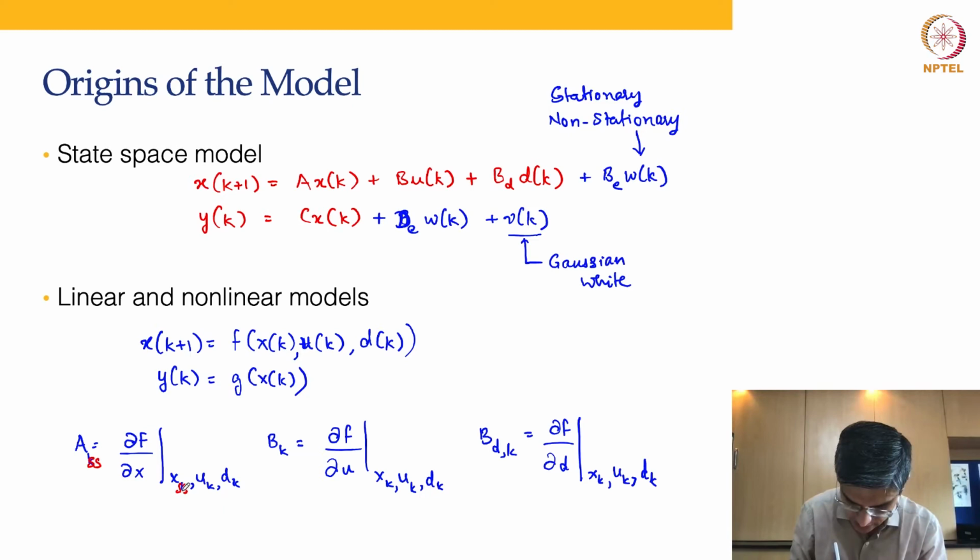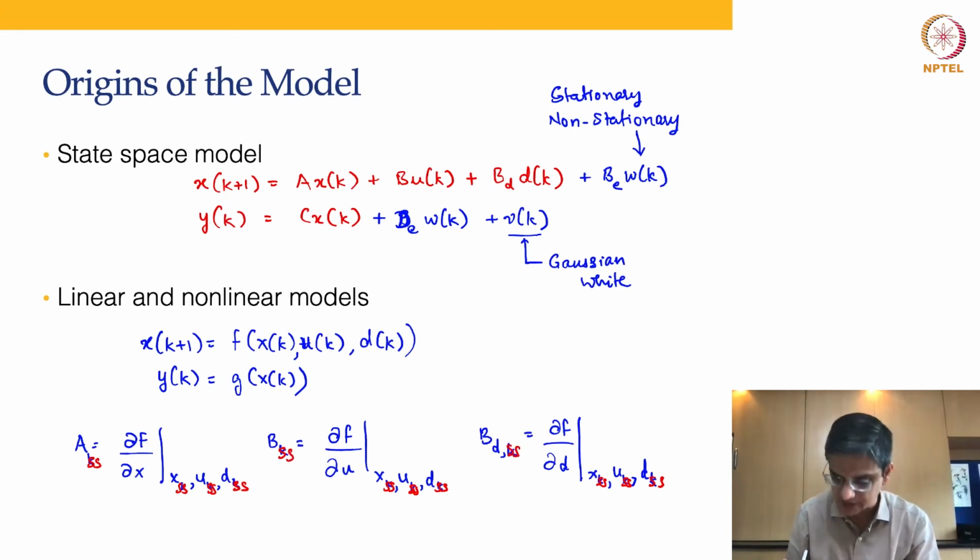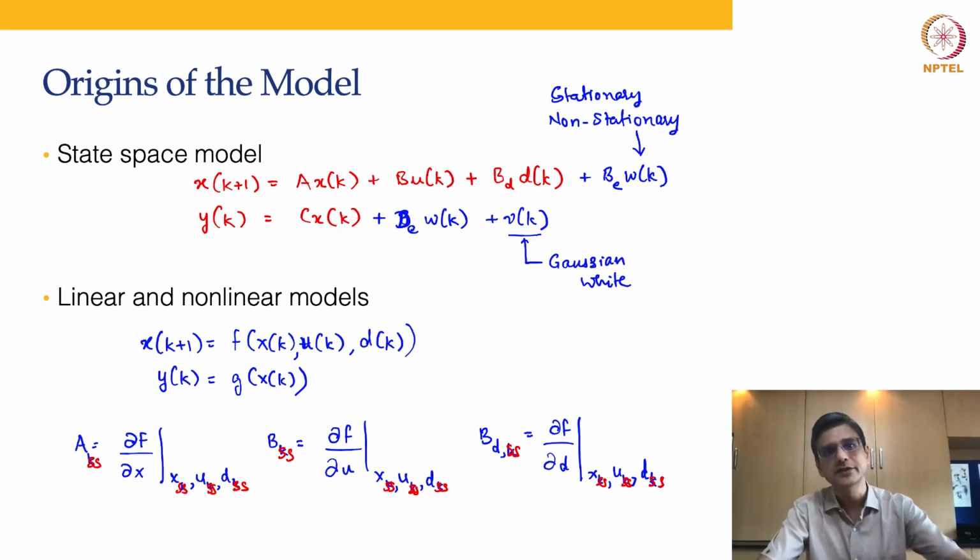So A_SS will have a form like this, and B_SS, B_dSS. You can have A_SS, B_SS, B_dSS, C_SS, and D_eSS replace the ABCD matrices at the top. This is how you can use linear MPC. There's also a non-linear variant called non-linear MPC, as well as a sequentially linearized variant, which I'm going to talk about in a few lectures from now.